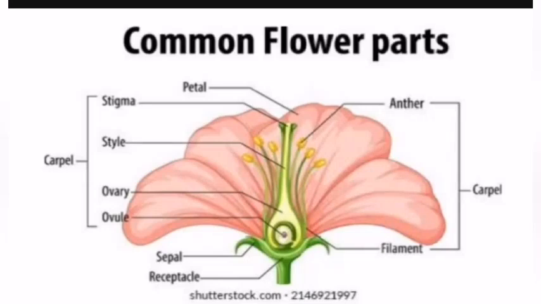After this, we'll move to the next layer. The next thing you're going to find there is the petals. So what is the function of the petals? Petals are very large most times, and they're also beautifully colored.